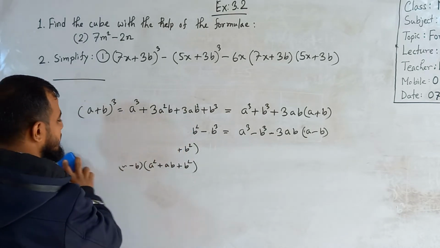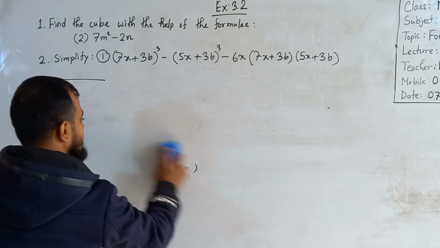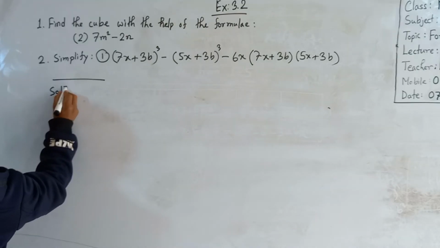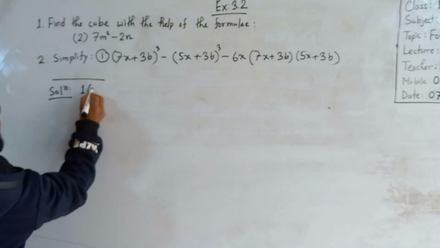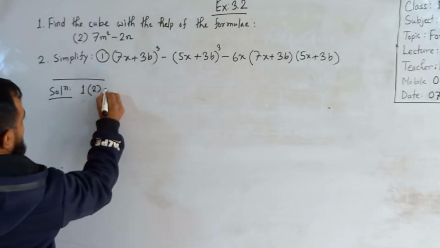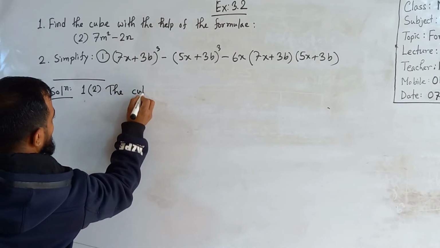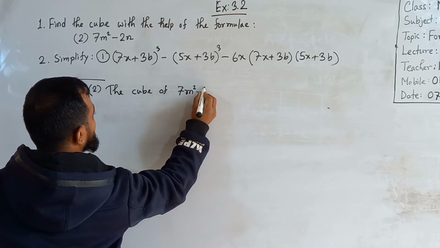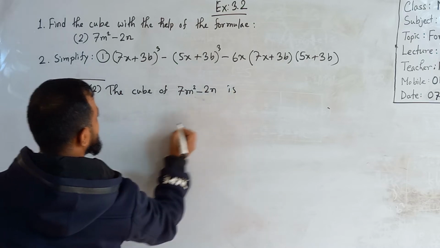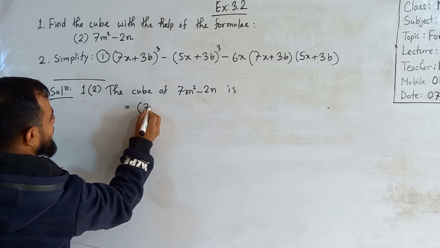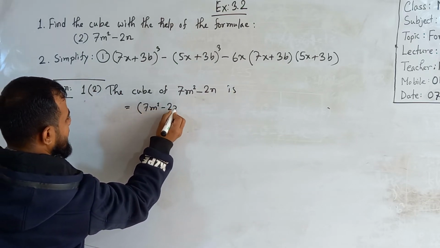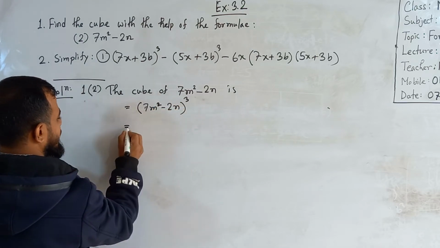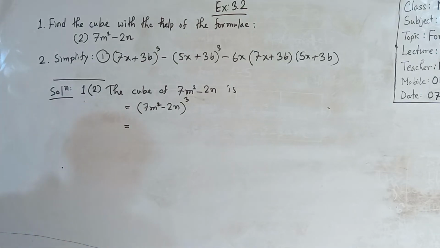So write down at first, it's the solution of question number 1, sub question number 2. The cube of (7m squared minus 2n) is equal to (7m squared minus 2n) whole cube. It's a very easy question. You can practice the other one in your exercise copy.